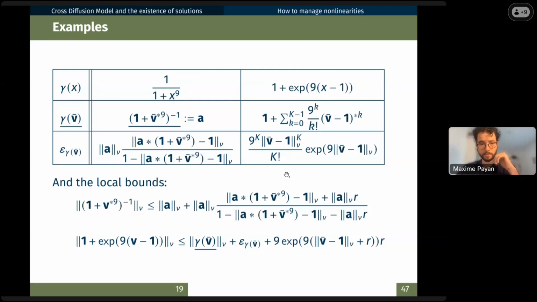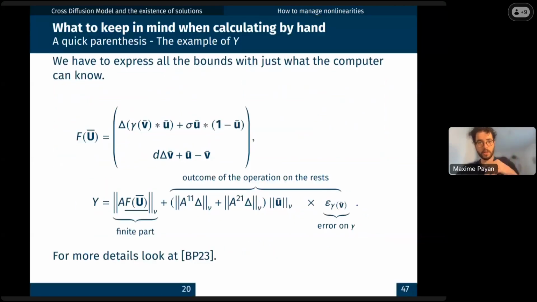Okay, so now we can compute the bounds. That depends on A and gamma, of course. So this is just a quick parenthesis, and I show you the simplest bounds. What do you have to keep in mind? It's to discriminate the finite and the tail part.